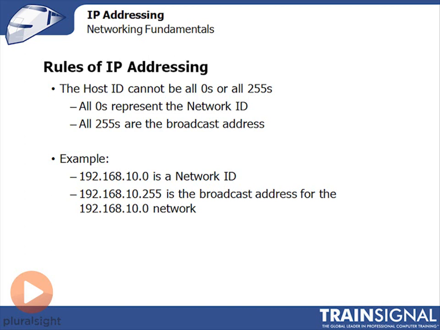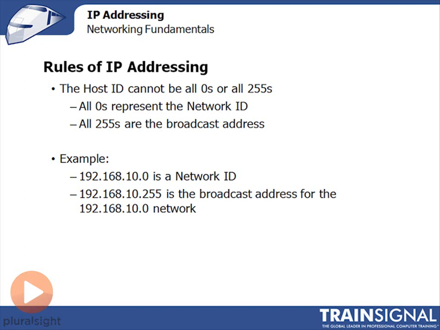When the host ID is a 0, that represents the actual network ID. So when I say that the network was simply known as 192.168.10, technically the way you would list the network ID is 192.168.10.0. The 0 can't be a host. It represents the actual network we're on, the network ID itself.